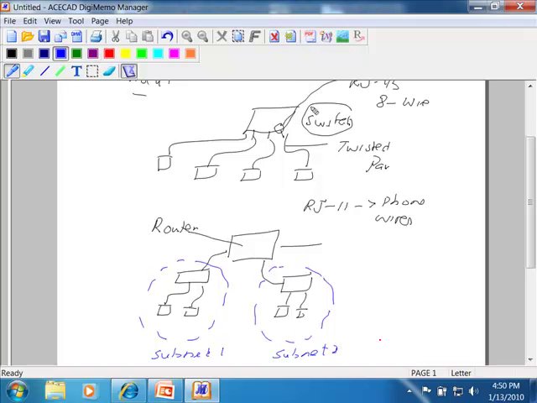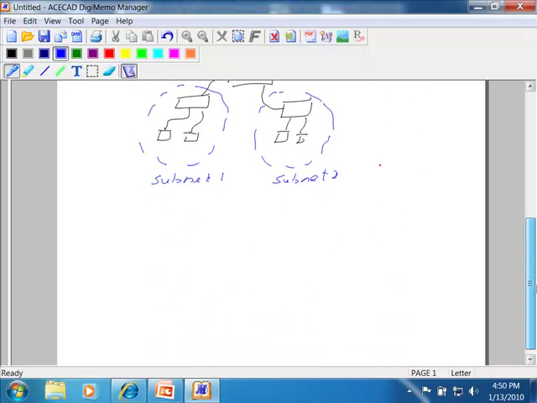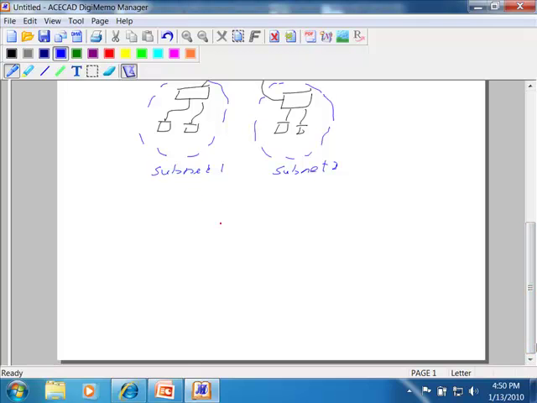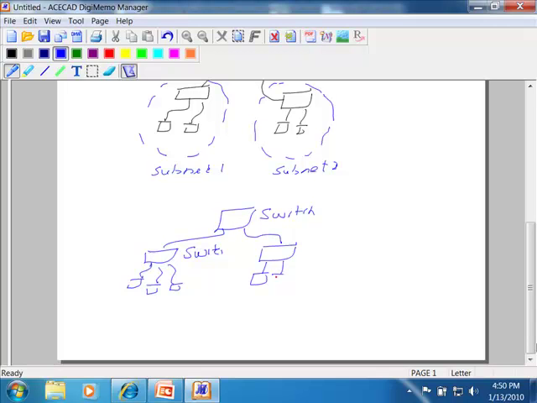Those who have studied the communication course will understand that. And you can also use a switch as an internetworking device. You can have another switch connected together. So basically you can have multiple switches this way, connecting networks together. In this case there is no routing, so these two networks are not subnets, they are of the same network.